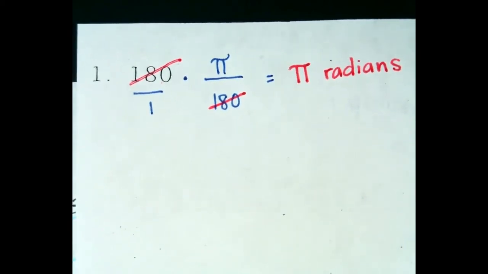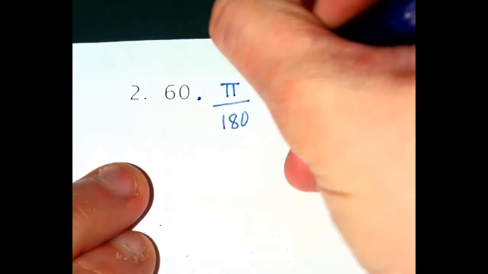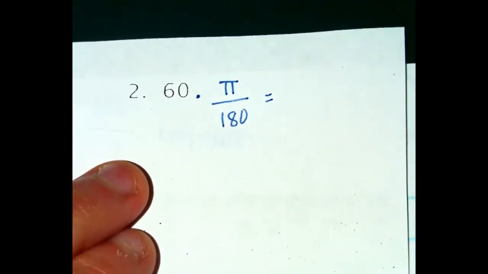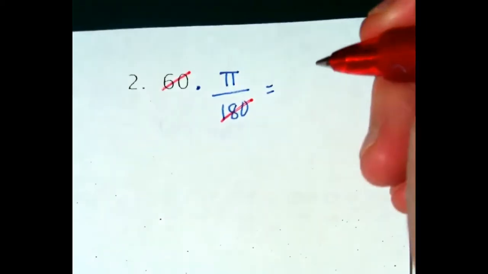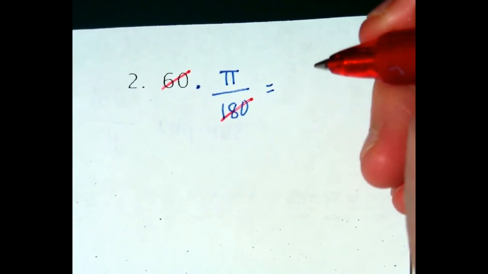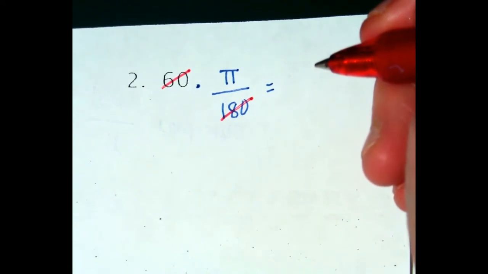All right, number 2. Times pi over 180. We're literally simplifying this fraction. Will 60 go into 180? 3 times.